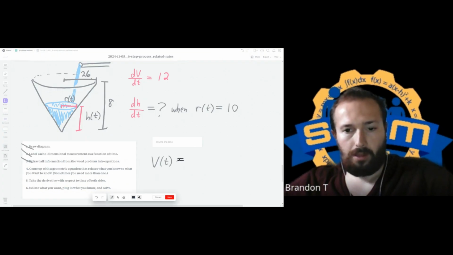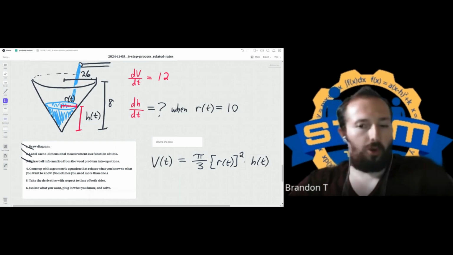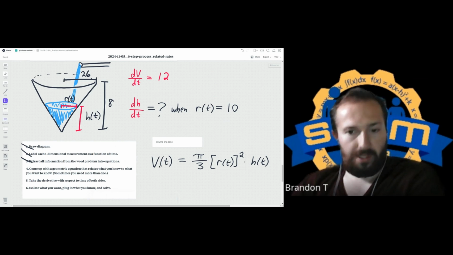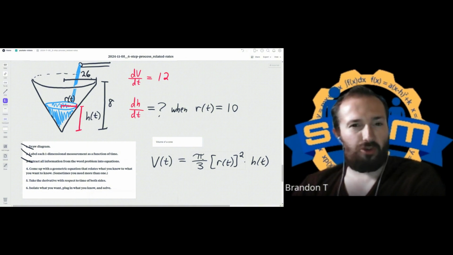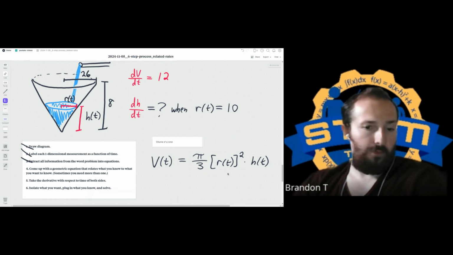So if you remember the equation, it's going to be pi over 3, and then R of t squared times h of t. So this is the volume equation for a cone, but instead of just V equals pi over 3 R squared h, I'm making everything a function of time. Again, that's something that I do, but I do recommend it. So that's what we're trying to do here. So that's step 4.